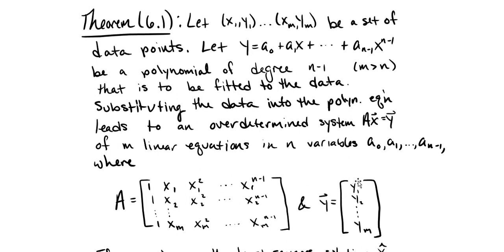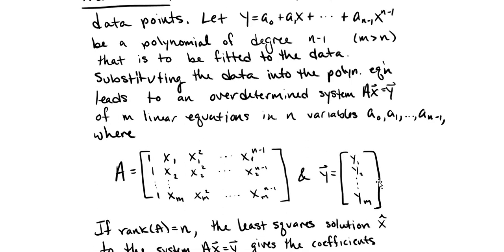And the y values that go with those are y1, y2, through ym. The unknowns in this system, the unknowns in that x vector, are really the coefficients, the a0 through a(n-1) coefficients. So let me make that little note here: x is all these coefficients.